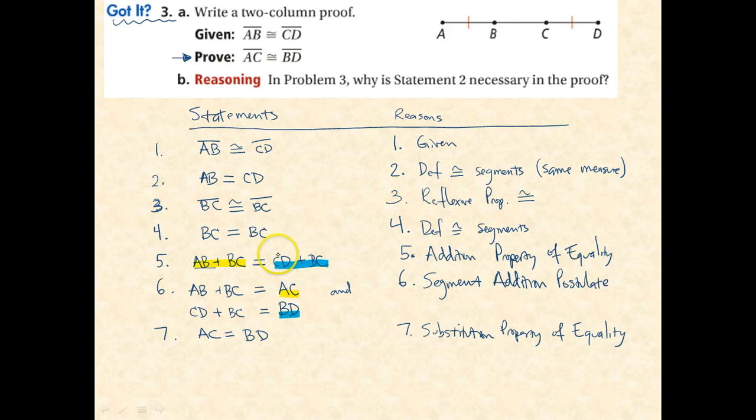Well, now I'm super close, because what is the definition of congruent segments? Remember up here, they have the same measure. So by the definition of congruent segments, since these have equal measure, I can now say that segment AC is congruent to segment BD.